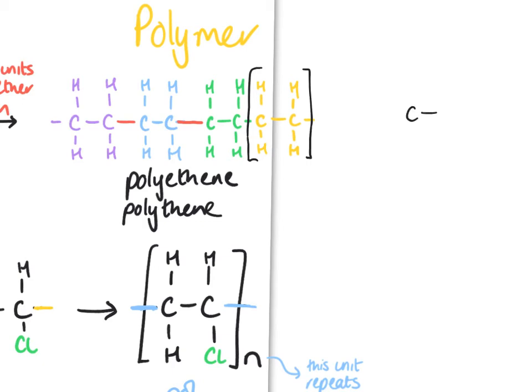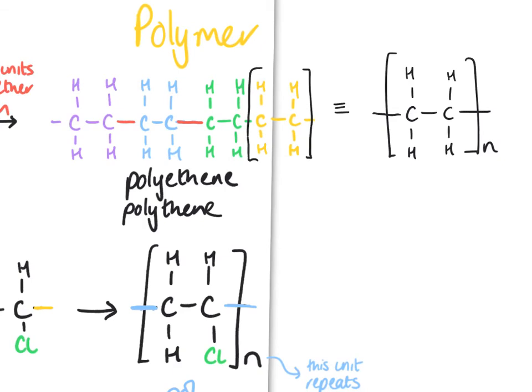So how we could represent that would be like this. So our repeating unit is essentially an ethene molecule, but with a single bond instead of a double bond. And then we want to draw that bond extending out through our square brackets to show that would repeat n times. Okay, so this is equivalent to this abbreviated diagram of the long chain, which just shows your repeating unit multiplied n times.